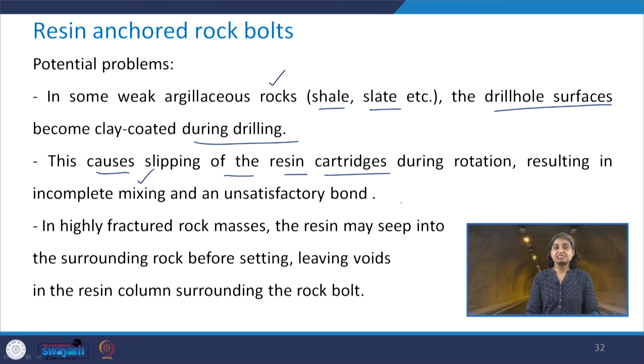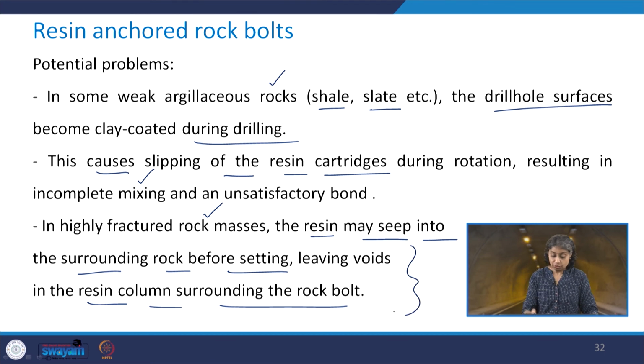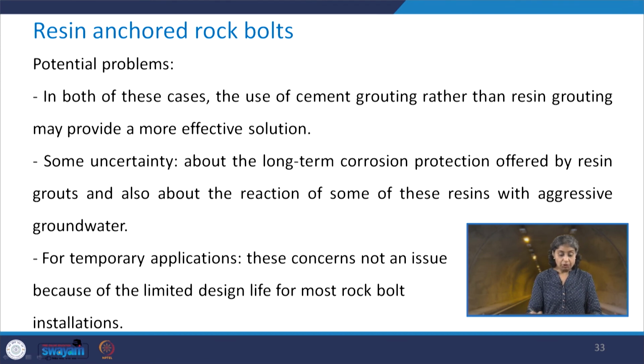Another problem is associated with highly fractured rock masses, where the resin may seep into the surrounding rock even before setting, and this results in the creation of voids in the resin column surrounding the rock bolt. This is also a practical problem.